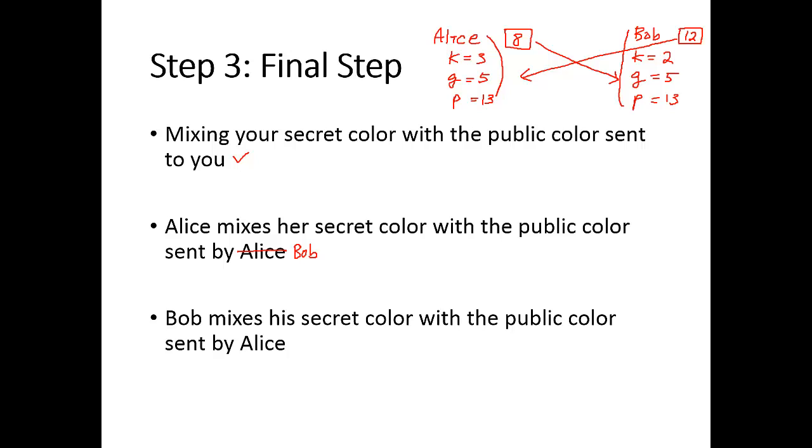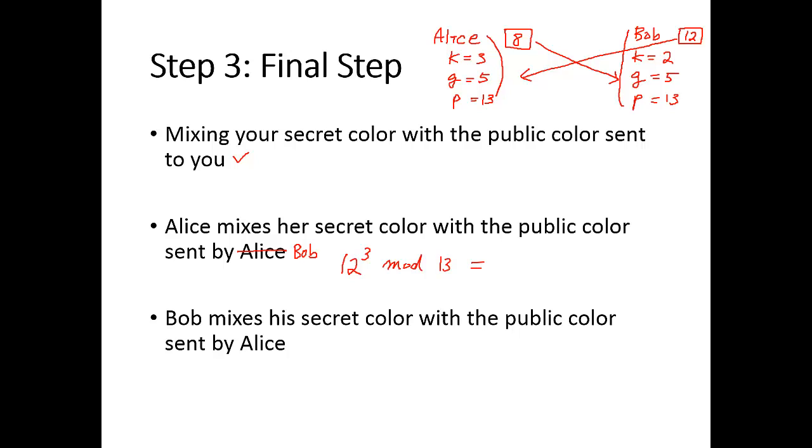So all we're doing is you use the same formula but using a different number for the generator. So the generator in this case is the number Bob sent, which is number 12, right? To the power of the secret key of Alice, which is still 3, right? And then mod 13, same prime number.